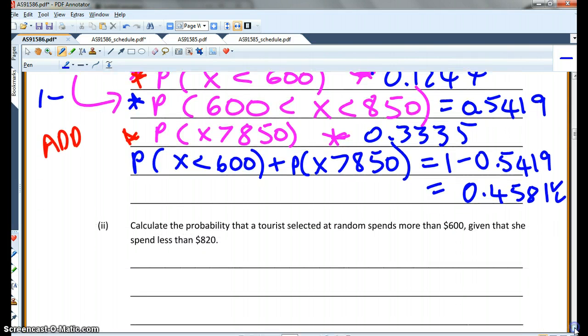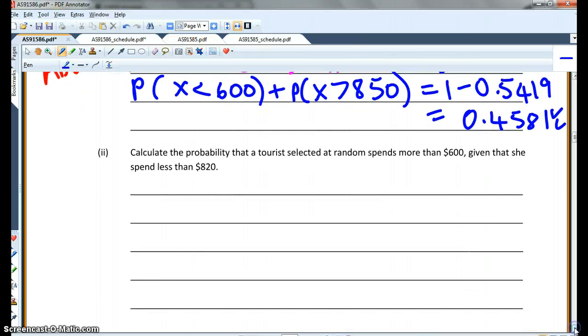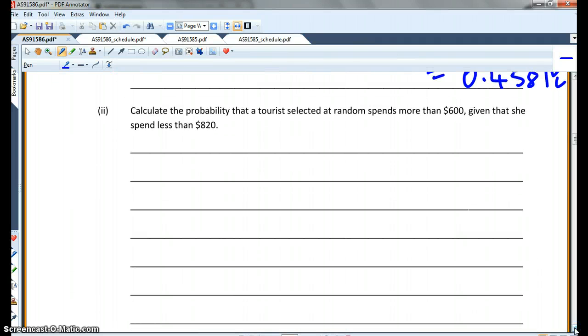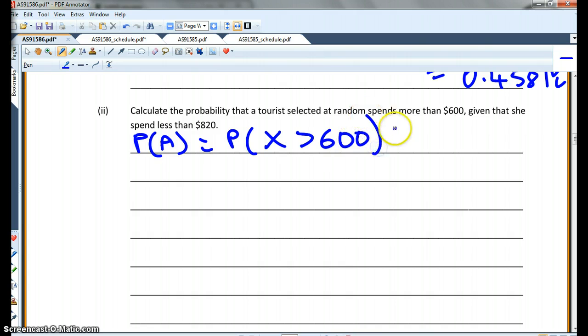Okay, question 2. Calculate the probability that a tourist selected at random spends more than 600 given that she spends less than 820. So I'm going to call the probability of A equals the probability of a tourist spends more than 600, and we can work that out.